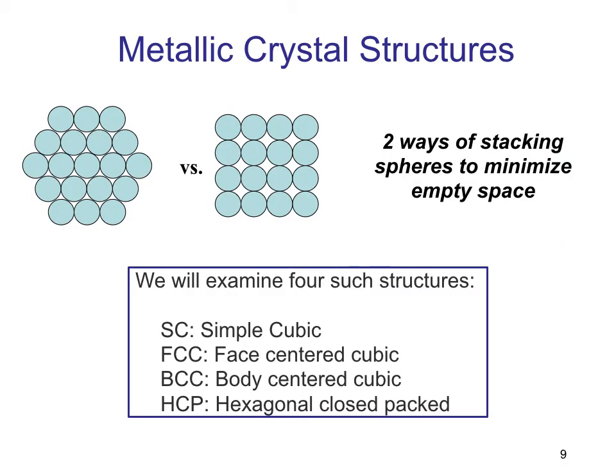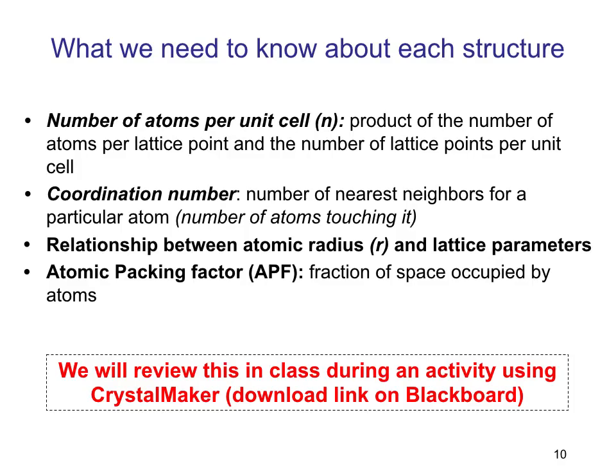Metallic crystal structures are the simplest, since there is only one type of atom involved. Most metals have one of the 4 crystal structures listed here: simple cubic, face-centered cubic, body-centered cubic, and hexagonal close-packed.